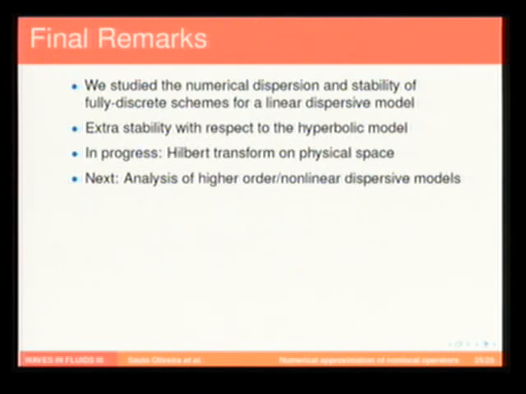Okay, so that was what I wanted to present. We have this study on the numerical stability of schemes for the linear dispersive equation. We hope that this will be a first step for going on to harder equations, the equations that are more like the ones of interest for waves in fluids. We try to explain this extra stability of the linear dispersive case.